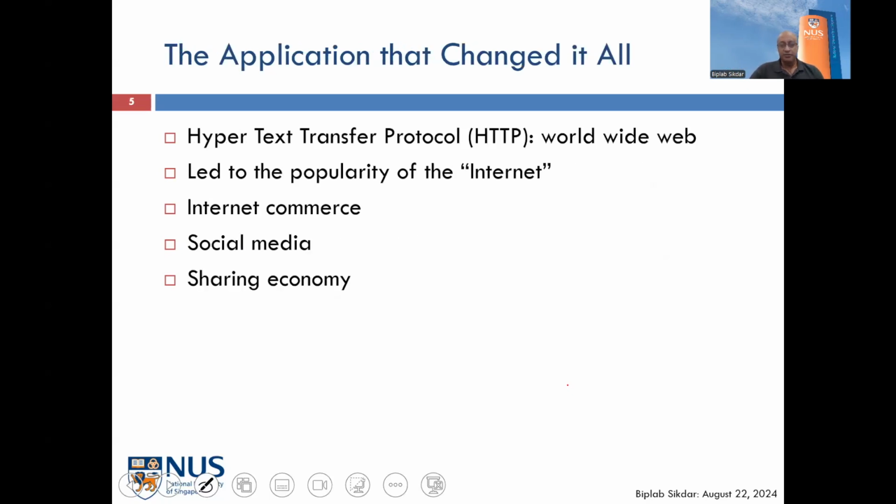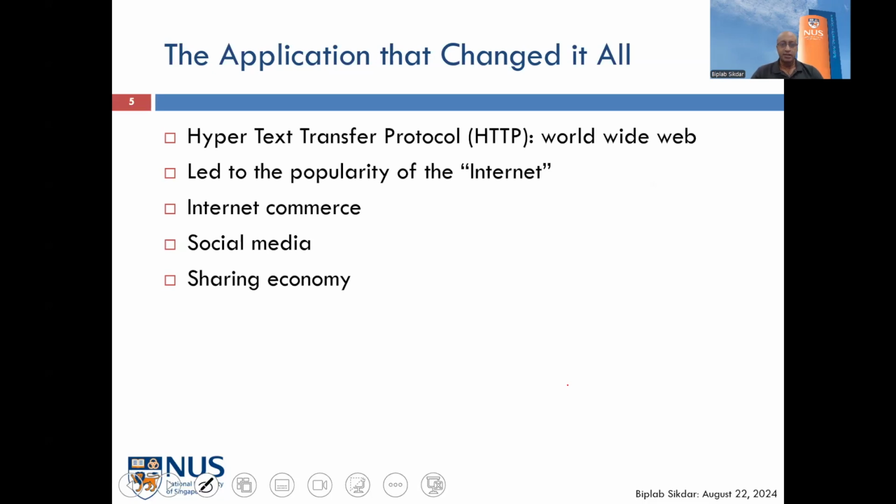The whole face of the internet changed maybe in the early 90s, or late 80s, when Tim Berners-Lee invented HTTP. HTTP made it very, very easy for people to find information on remote computers and to visualize that information and to consume that information.